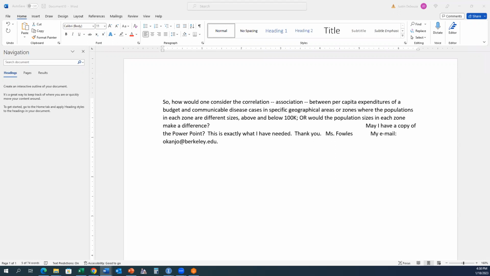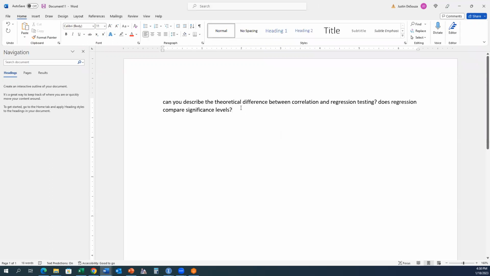Okay, we have a question from Rebecca. Can you describe the theoretical difference between correlation and regression testing? How does a regression compare significance levels? So the terminology, there's correlational designs, and underneath this branch of correlational designs, you have correlational analyses.